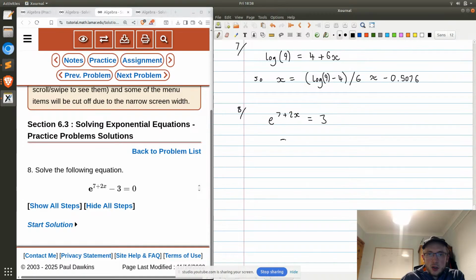I take natural logs of both sides. Divide by 2.